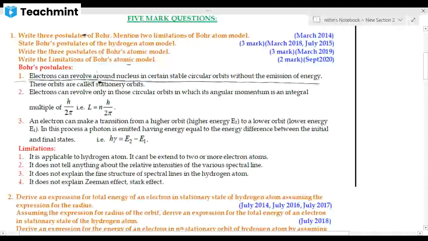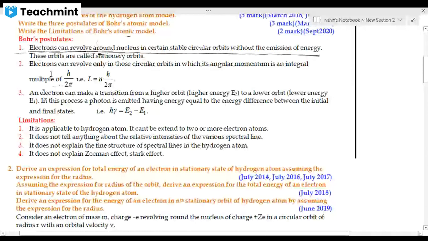Next, see the second one. An electron can revolve only in those circular orbits in which its angular momentum is an integral multiple of h by 2 pi. So electrons are revolving in circular orbits without any emission of energy; that is the first one.